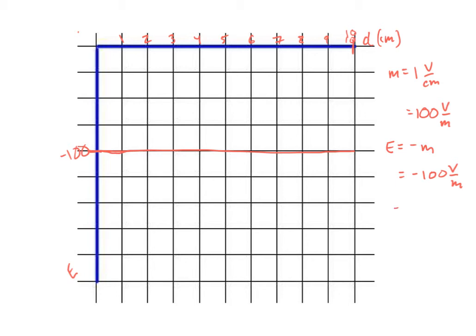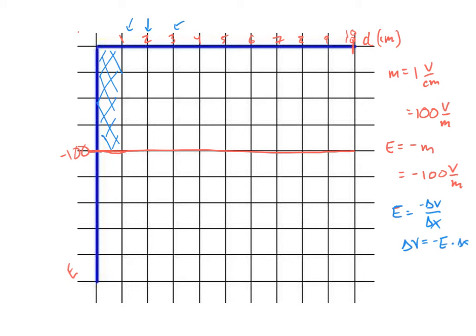Remember, we found that our electric field was equal to negative delta V over delta X, which we could also say means that delta V is equal to negative E times delta X. So our voltage, our potential, at any point in space, so at 1 centimeter, 2 centimeters, 3 centimeters, etc., is equal to the area under my graph at that point in space. The area that I'm highlighting right now is my voltage at 1 centimeter.